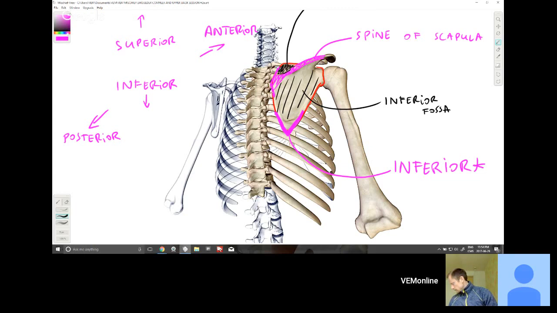This angle here, right at the root of the spine of the scapula, that's medial angle, obviously, because it is pointing towards the center. So this is medial angle. And then this one, obviously, is going to be superior angle, pointing towards the ceiling, right? Superior angle.